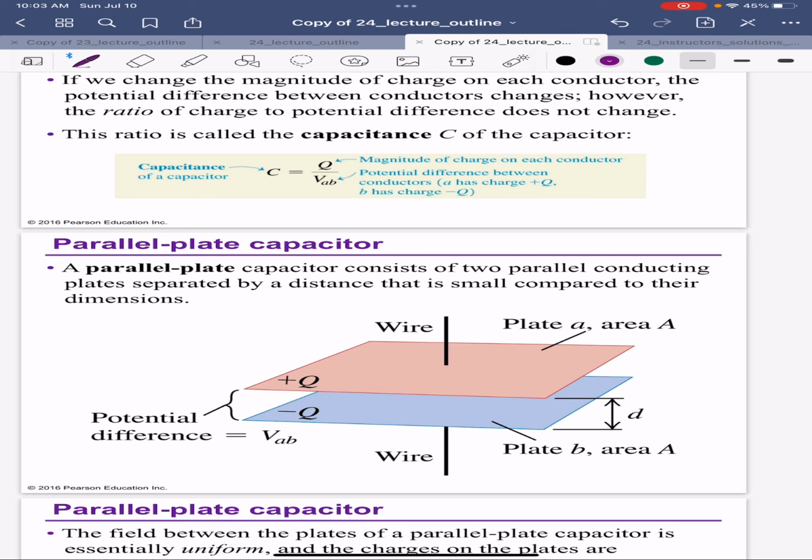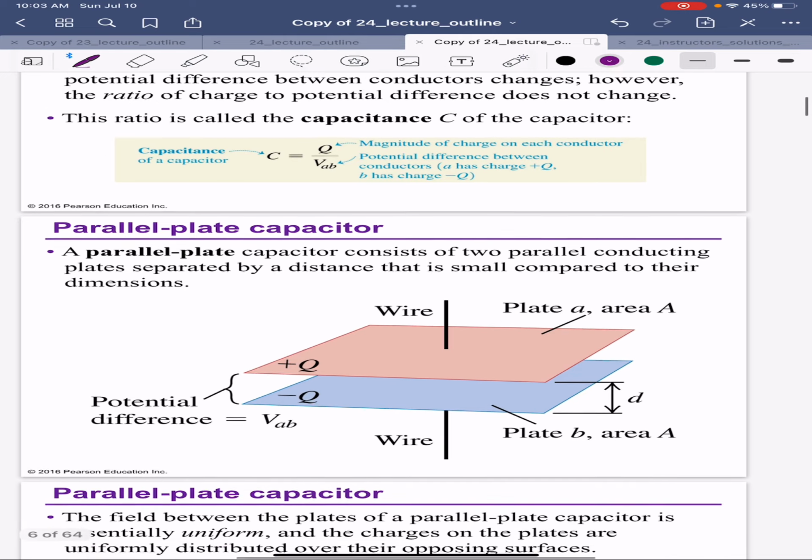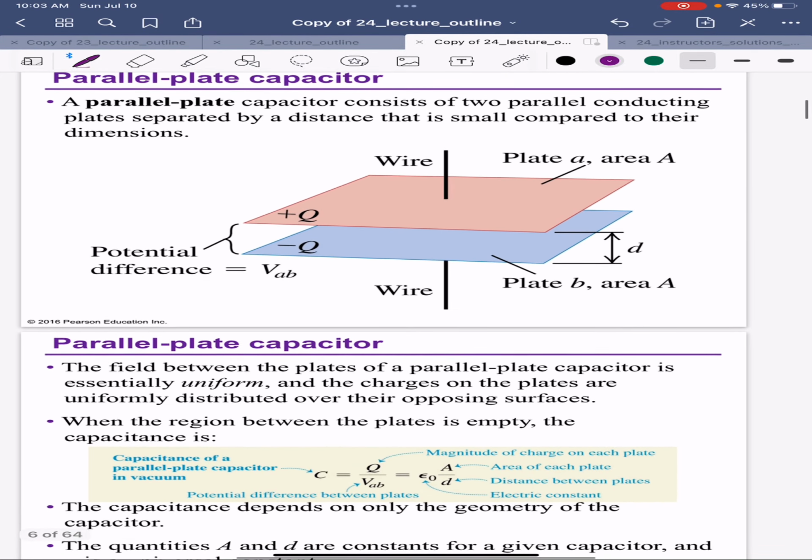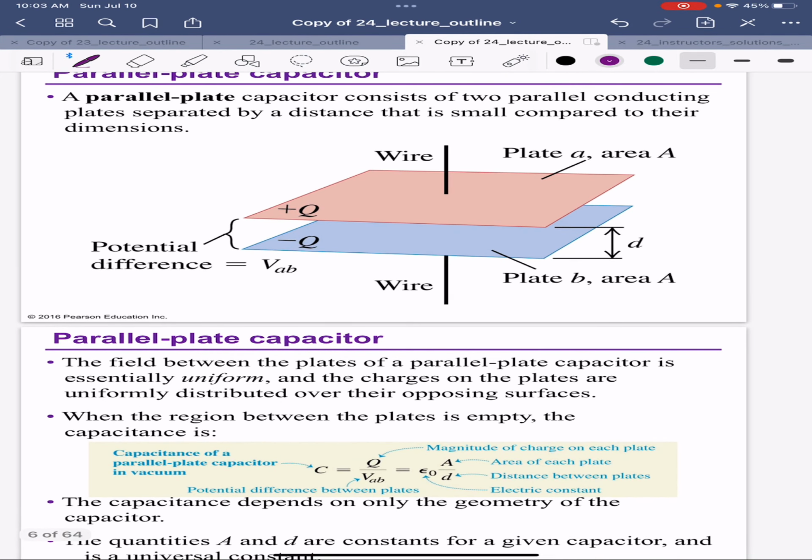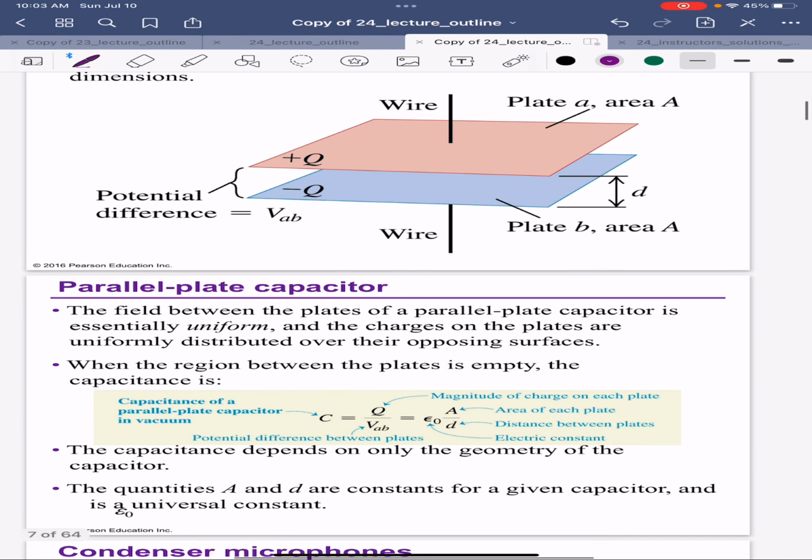The areas are big, and D is small. By charging one plate plus Q and the other negative Q, we have a potential difference VAB between them.